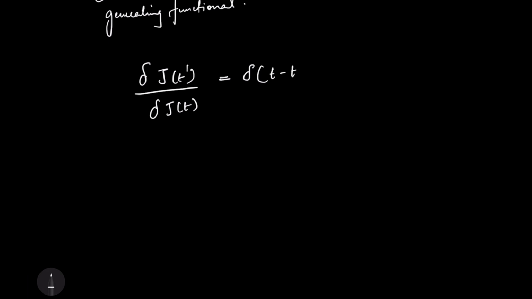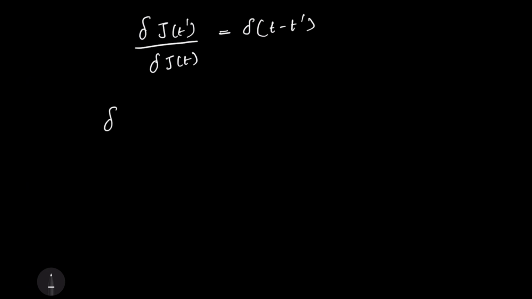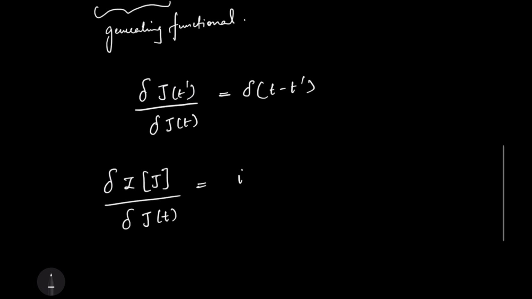So let's define the derivative of J of t prime with respect to J of t, and let this ratio be the delta function. Then delta Z of J by delta J of t will be equal to, so I am taking the differential with respect to J. What does this mean?